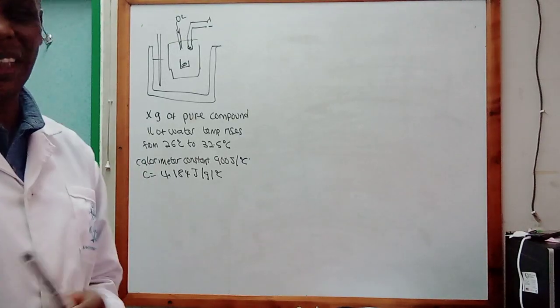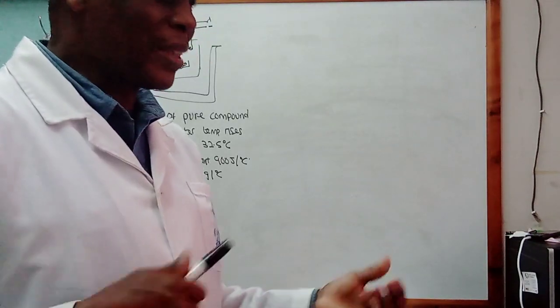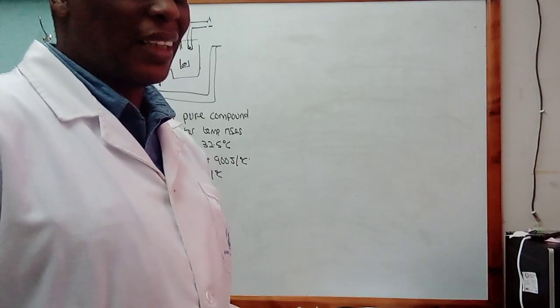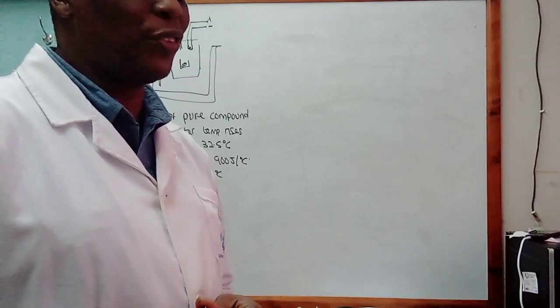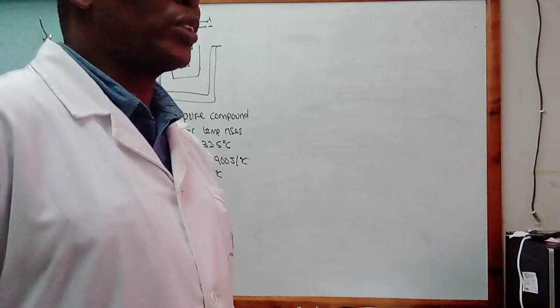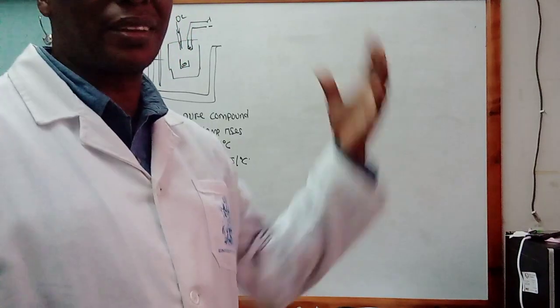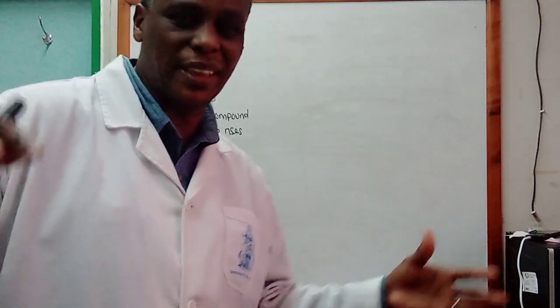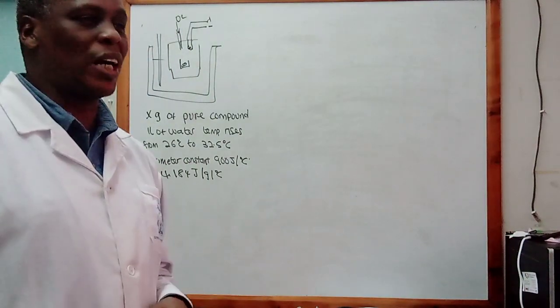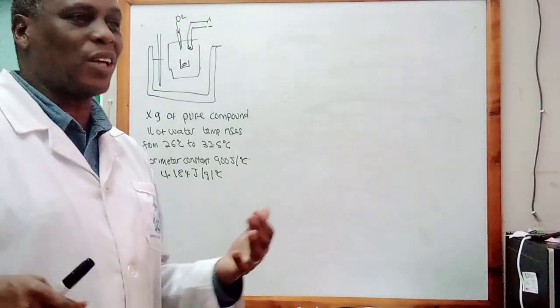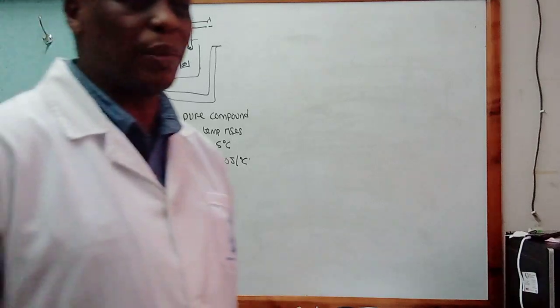Hopefully this experiment can be given to future students, so that we can get maybe 5, 6 or 10 bomb calorimeters as opposed to one, and you'll be able to do this experiment yourself.